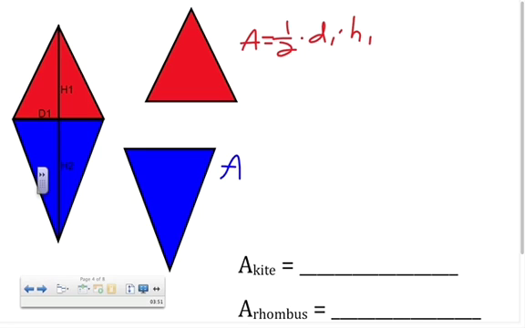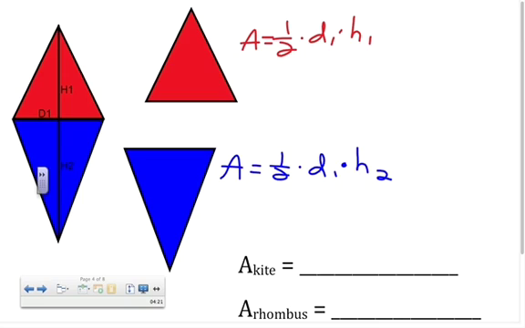The area of the blue triangle is kind of the same idea. Its area is 1/2 times, remember the same base, that's diagonal 1, times h2, the height of the blue triangle. And as I said previously, we're going to take these two triangles and add them together and see if we can't come up with a nice, concise little formula that works for all kites.